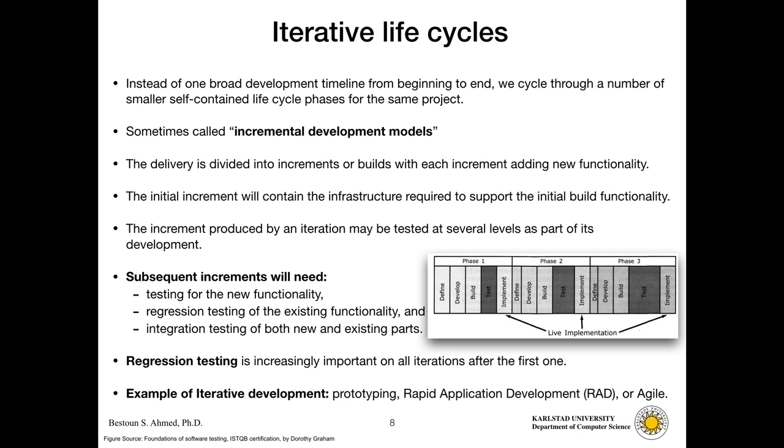It means you are developing the software in an iterative way with small portions, sometimes called the incremental development model, instead of one broad development timeline from the beginning to the end, which is like the waterfall model. We cycle through a number of small self-contained life cycle phases.